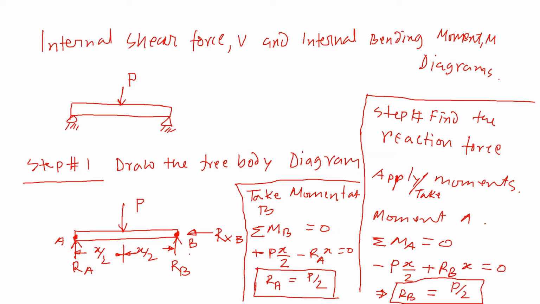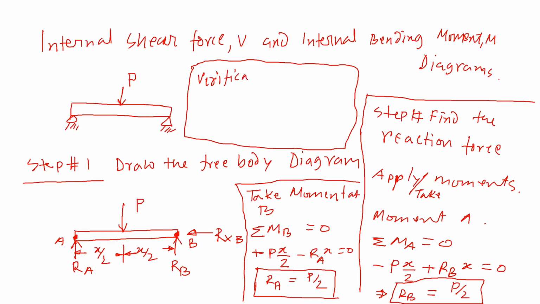By taking moment in both reaction points, we can actually verify whether we got these numbers correct or not. So just the verification, we can do the verification right in this box. So if we sum all the force, that should be equal to 0.